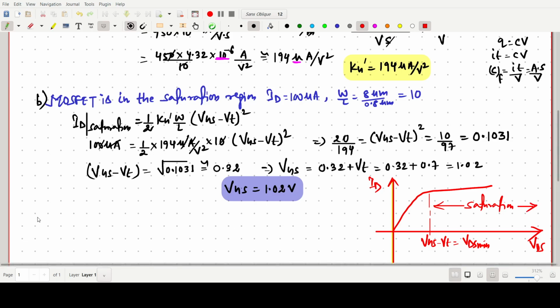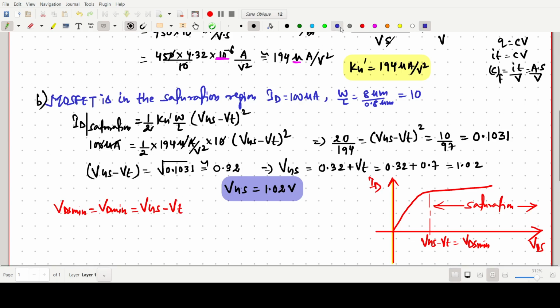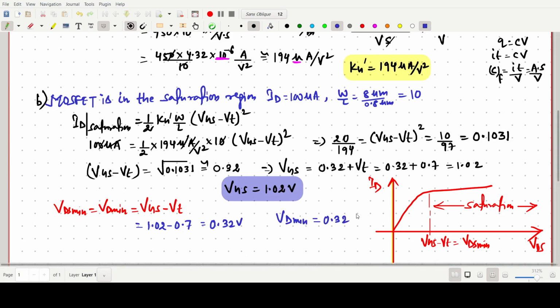So VD min or VDS min we can write as VGS minus VT. So this VGS value is 1.02 minus 0.7. So it should be 0.32 volt. So the value of VD minimum for this case will be 0.32 volt.